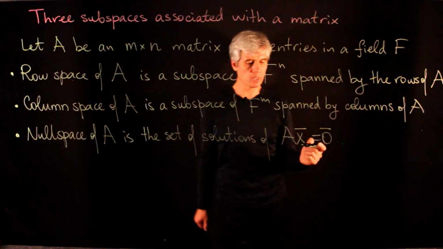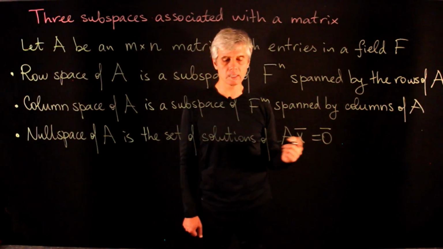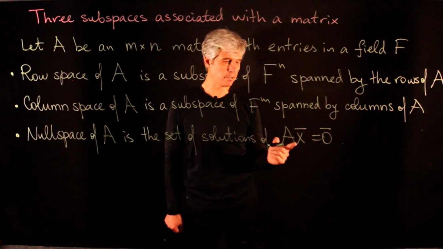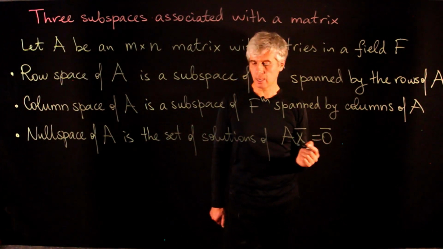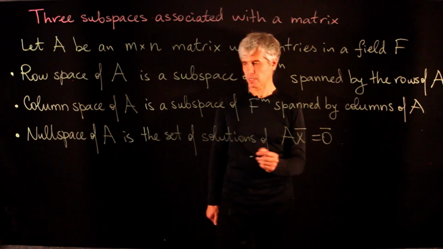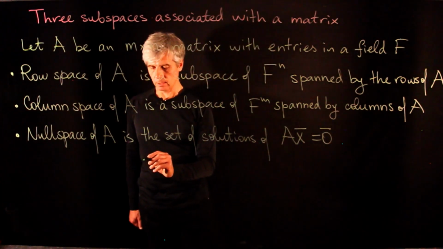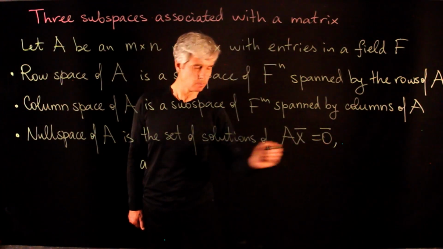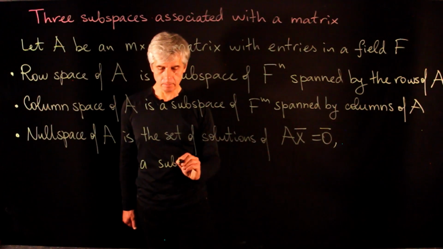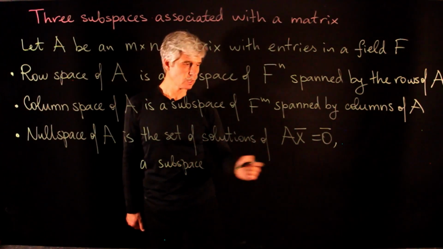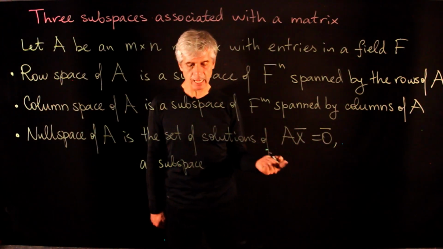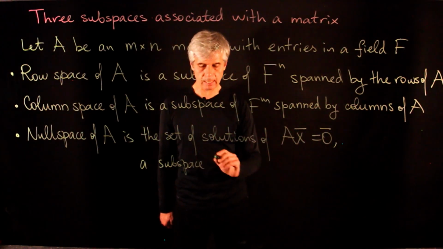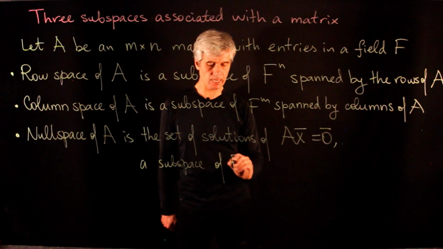When we talked about subspaces, we said that the set of solutions of this equation is always a subspace. For an m by n matrix A, X must have n components, so this is a subspace of Fn.